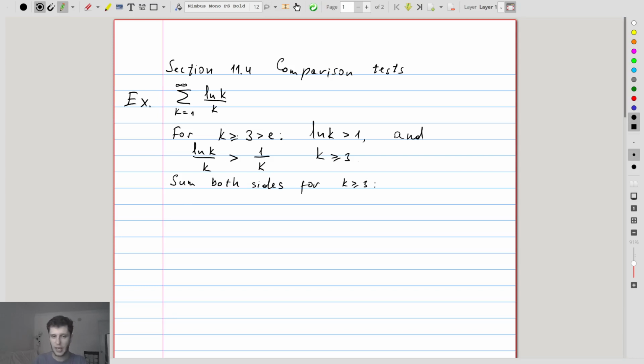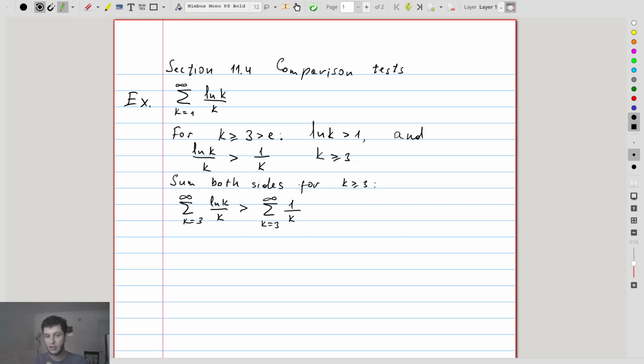Because every such term, log k over k, is bigger than 1 over k, then if we sum them up like so, the sum of log k over k from 3 to infinity is bigger than the sum of 1 over k from 3 to infinity. But we know that the series on the right is divergent. If the summation were occurring from k equals 1 to infinity, it would be precisely the harmonic series, so we would know that it's divergent.